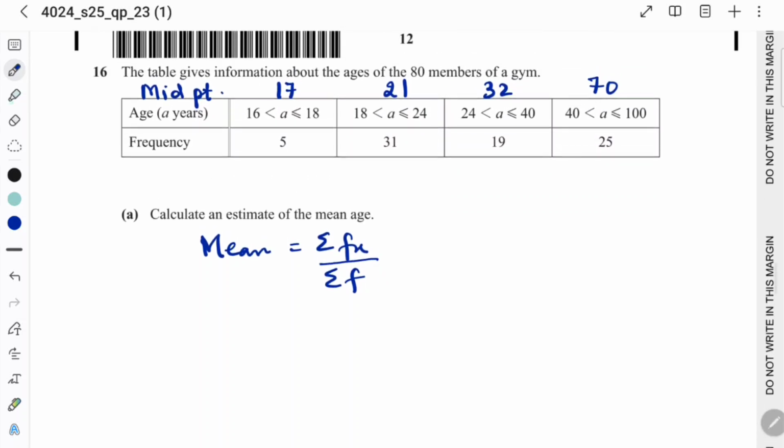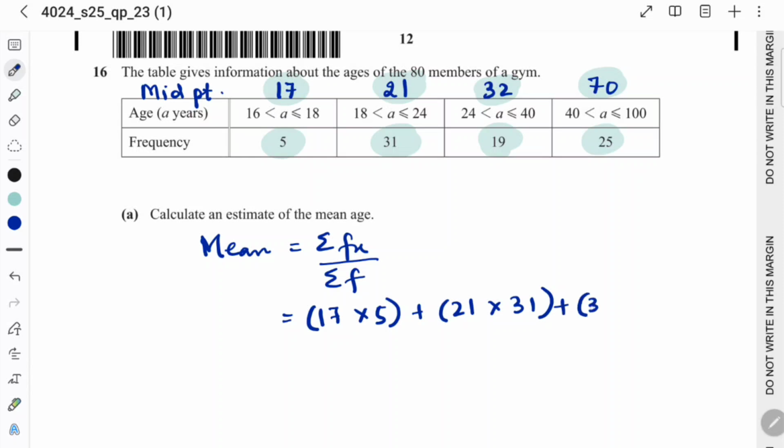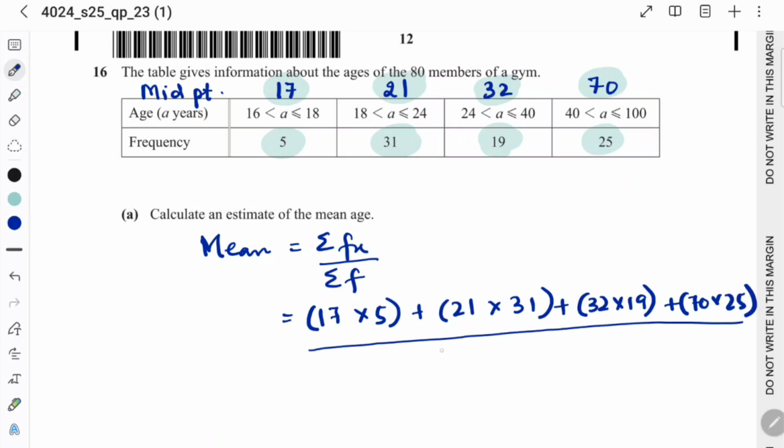Okay, so we are going to multiply fx, fx, fx, and then fx. So quickly finding out 17 into 5 plus 21 into 31 plus 32 into 19 plus 70 into 25 divided by all the numbers, which are 80. 80 are the members.